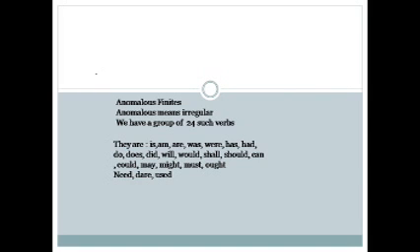Of the 24 anomalous finites, the forms be, have, do, need, dare are sometimes used as principal verbs, main verbs. And sometimes they are also used as auxiliaries, like be, have, do.